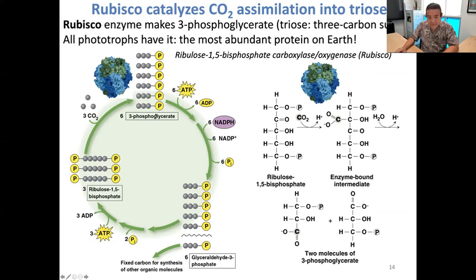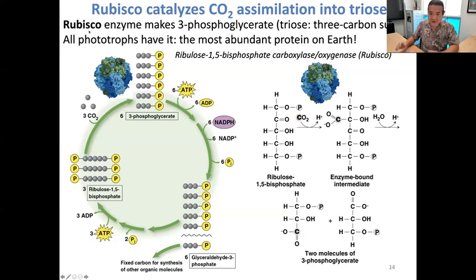You have 3 6-carbon molecules that can then be split down the middle to make 6 of these phosphoglycerates that then get converted into glyceraldehyde 3-phosphate. And then one of these 6 is sent off to be made into sugars.